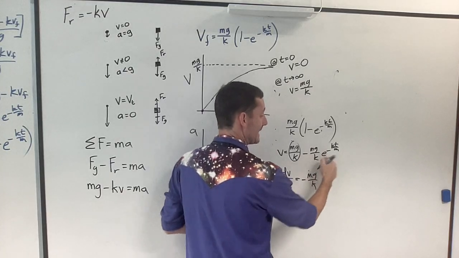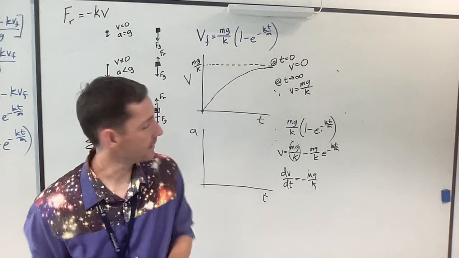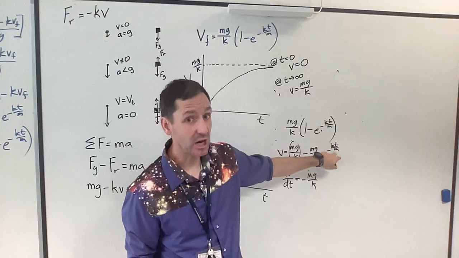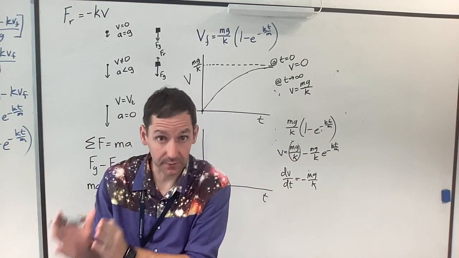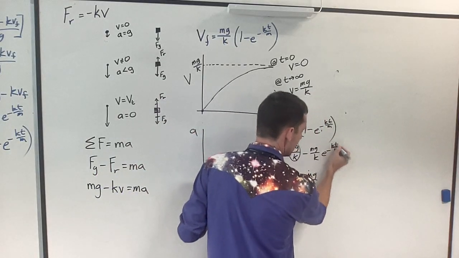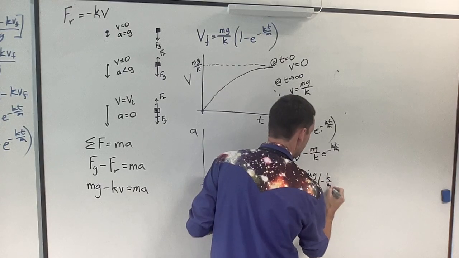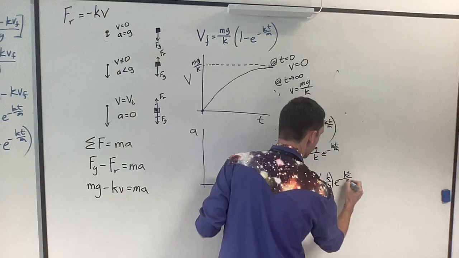The derivative of e to the x is e to the x, but because this has a function inside of there, that's the chain rule, which means I'm going to then have to multiply by the derivative of the inside. And so the derivative of the inside is going to be negative k over m. So I'm going to need to multiply by negative k over m, and then e to the negative kt over m.